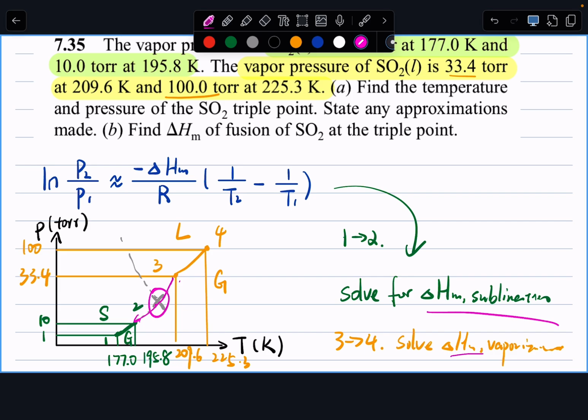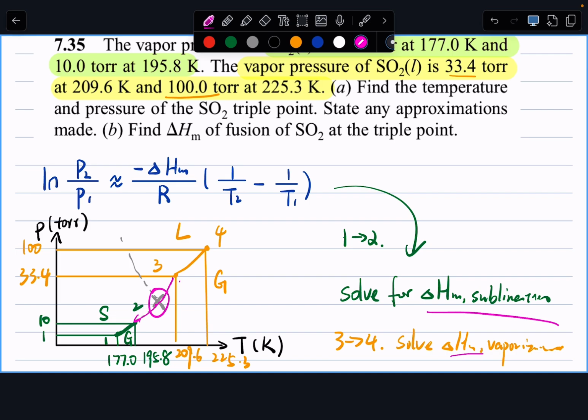Likewise, plugging into the calculator, you get a delta vaporization enthalpy equal to 27400 joule per mole.